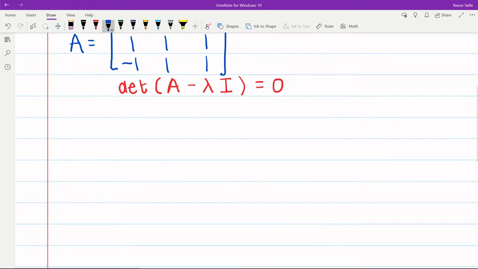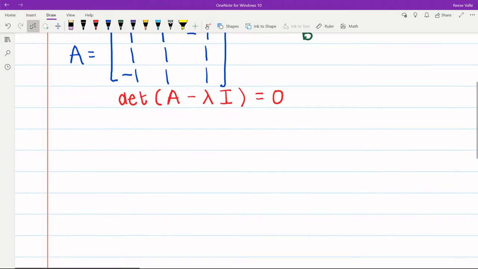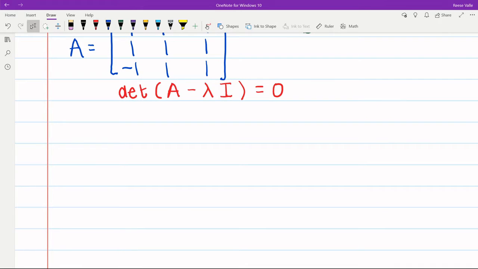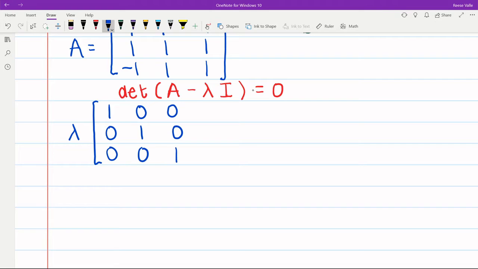So lambda, I'm going to be super tedious and waste your time, but I am so sorry. You can't subtract a matrix from a scalar, so you have to multiply lambda by the I matrix, in this case 1, 0, 0, 0, 1, 0, 0, 0, 1.